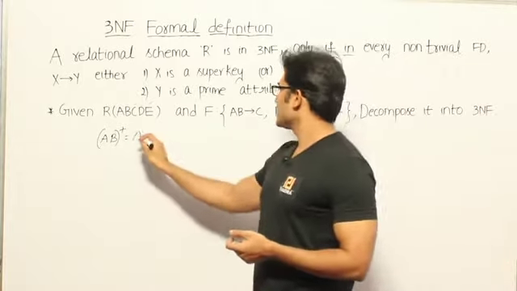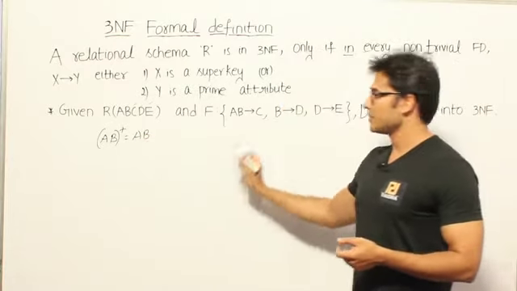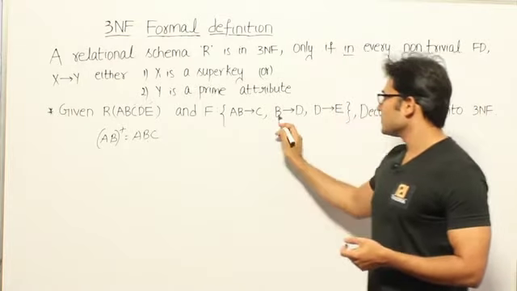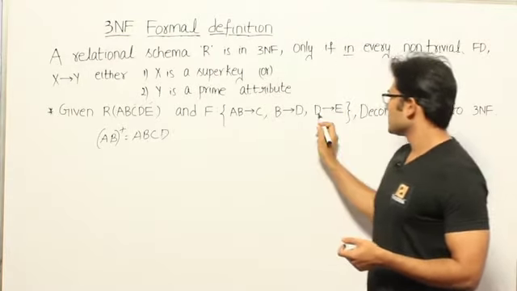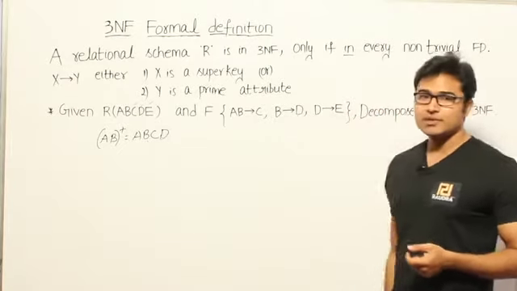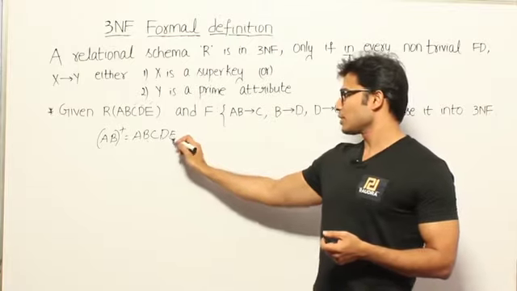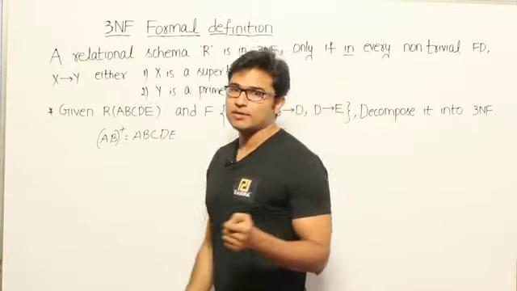Now if I write AB, it is going to be AB, and since AB is present here and there is a dependency AB determines C, I can add C, and since B is present here and there is a dependency B determines D, I can add D, and since D is present here and there is a dependency D determines E, I can add E. Therefore AB is covering everything, so you can say that AB is the candidate key. Fine.